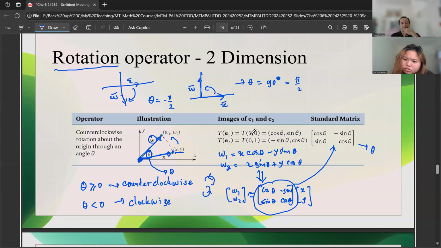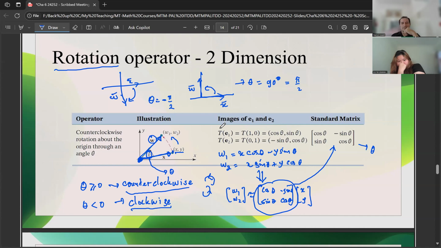Jadi nilai sudut itu positif kalau sudutnya diukur dengan X-nya menghasilkan W dengan cara berlawanan arah jarum jam. But if we have clockwise, menghasilkan W-nya dengan cara searah jarum jam, maka sudutnya itu diberi tanda minus, dikasih nilai minus. So this is the convention, this is the agreement, ya, perjanjiannya seperti itu.